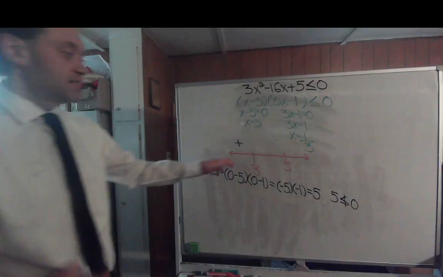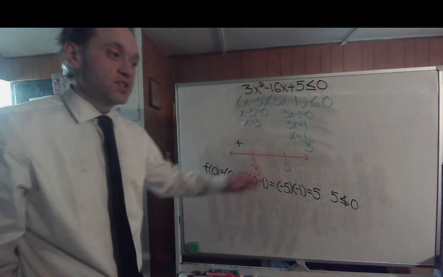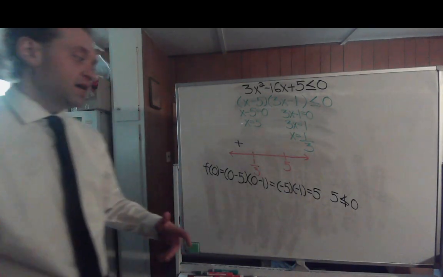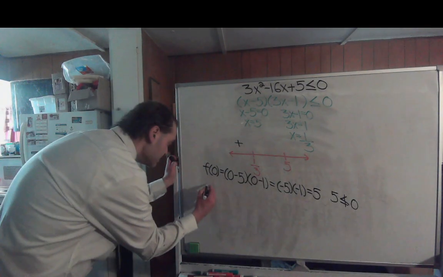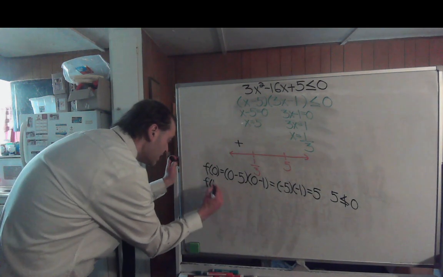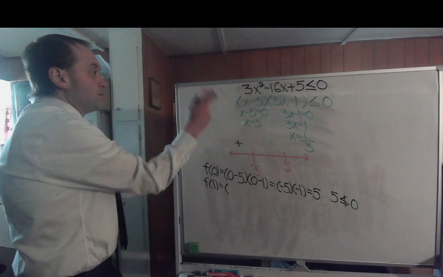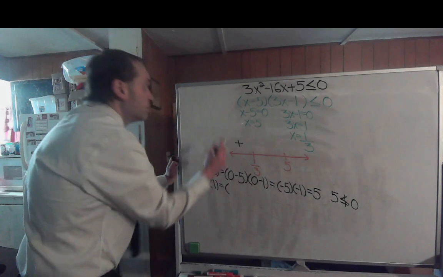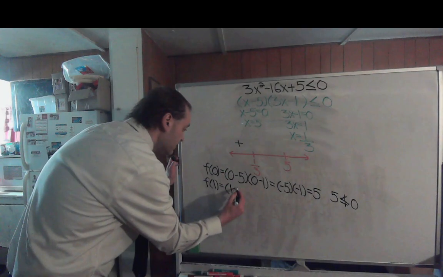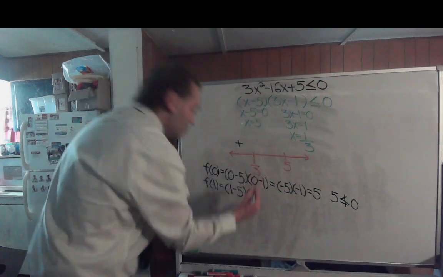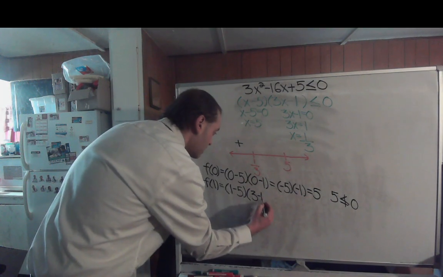Now we need to test the interval between 1/3 and 5. Put in any number between 1/3 and 5. Well, f of 1, that's a good place to start, right? F of 1, so that will give you in your factors, you'll take 1 minus 5, that quantity times 3 times 1 is just 3, minus 1.